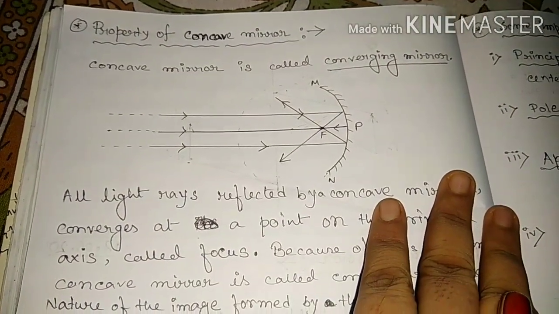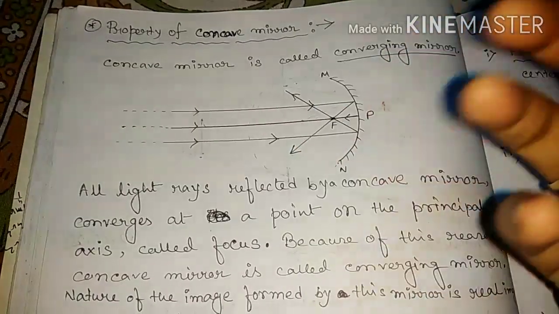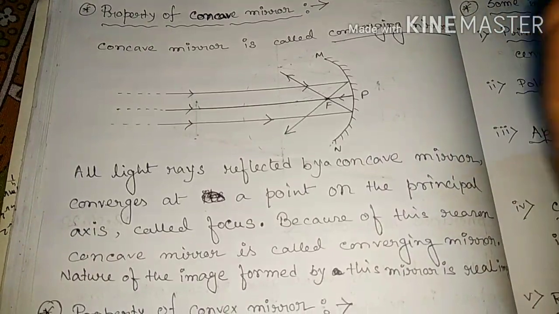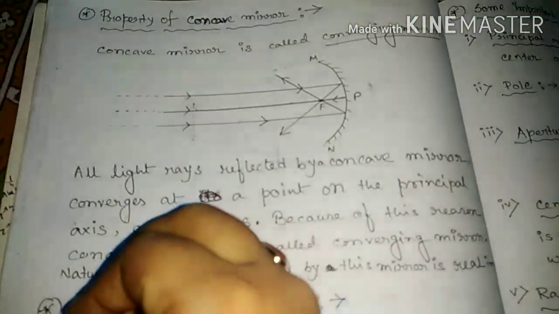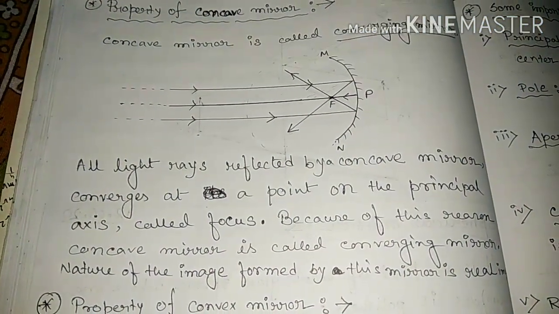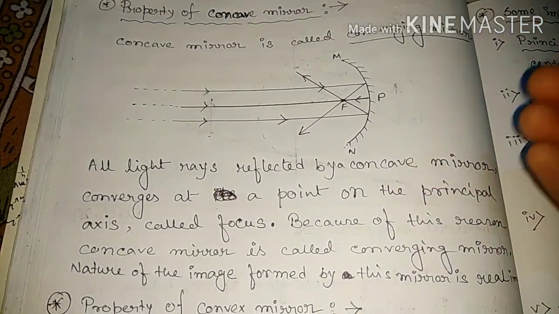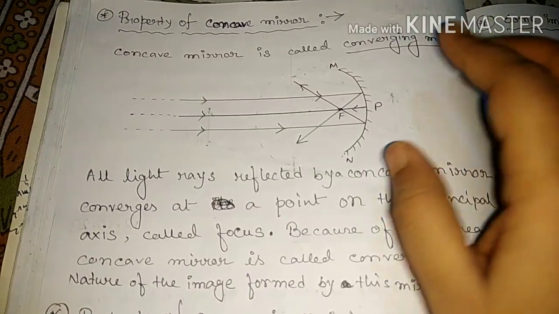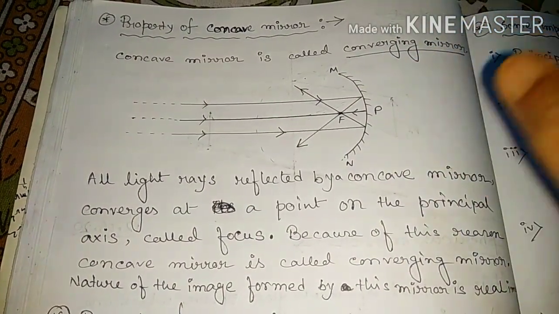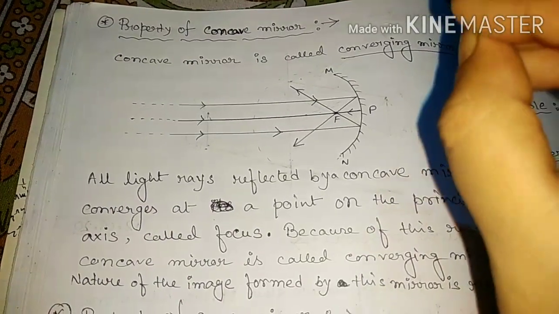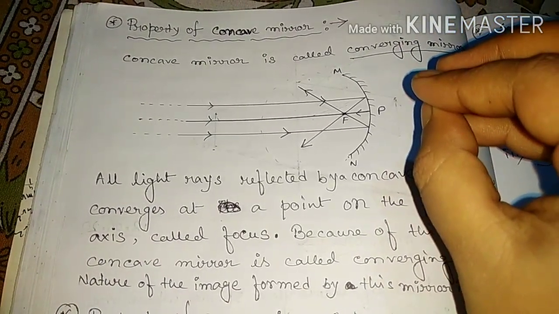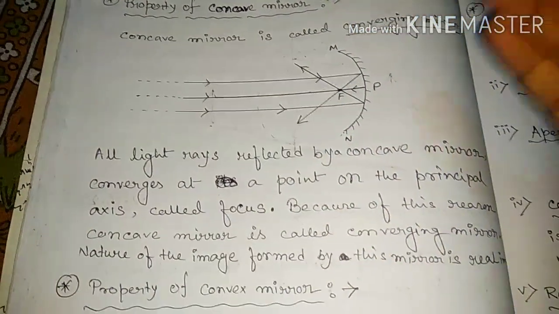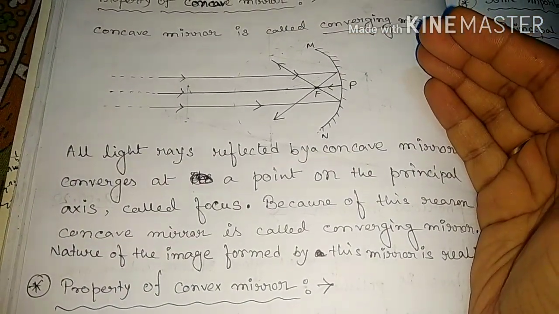Converging means all light rays, after reflection, converge at a point on the principal axis. Later we will also define these terms, principal axis and focus. So after reflection, all rays converge to a point. That's why a concave mirror is called a converging mirror.